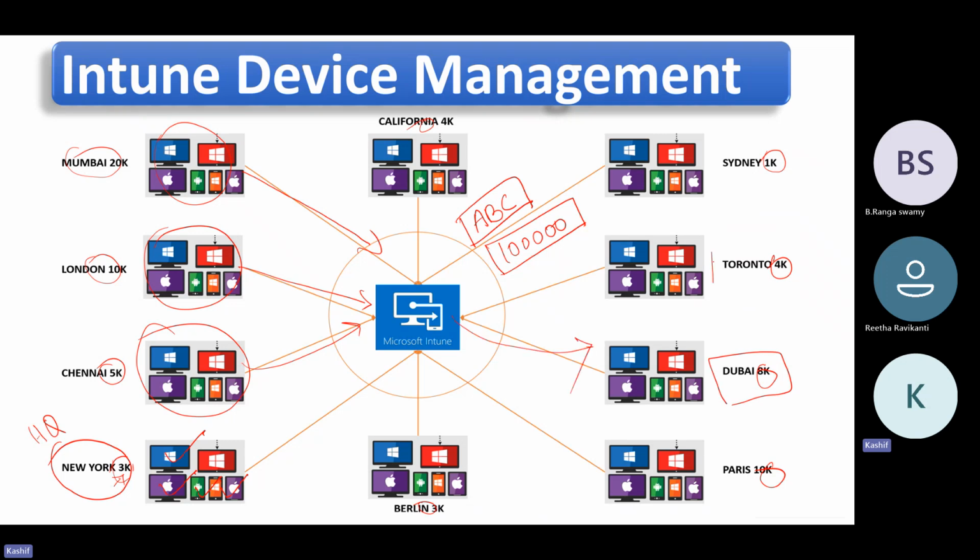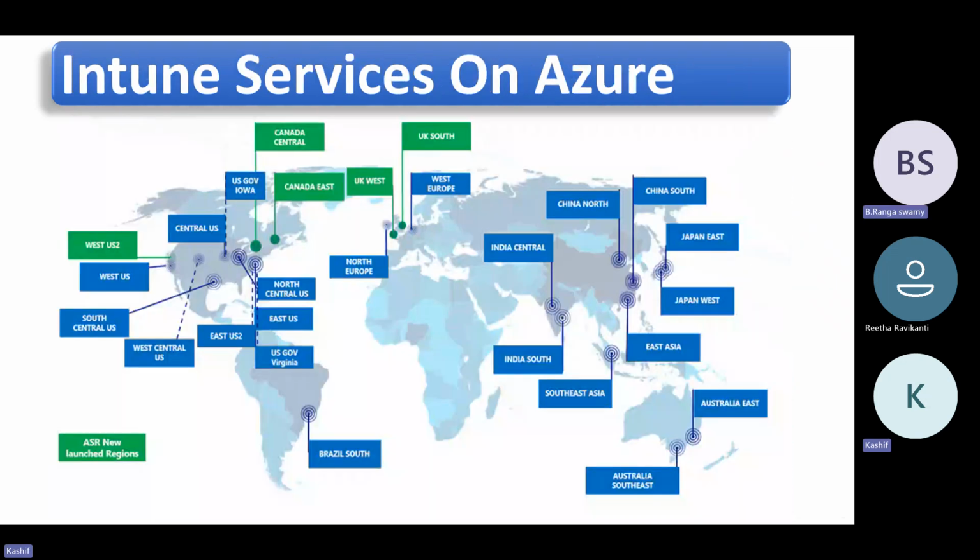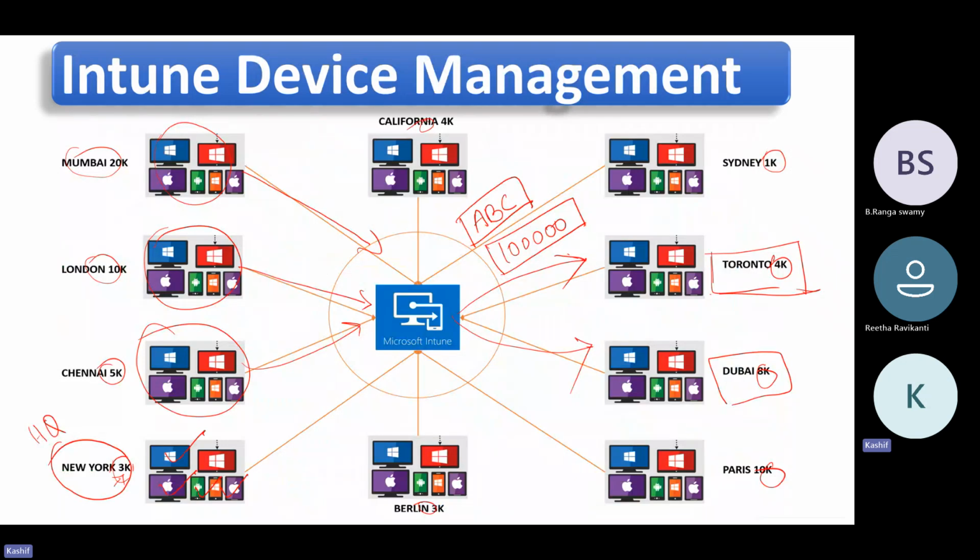I have to restart 4,000 devices in Toronto, I can restart. I can deploy updates on Berlin devices, I can deploy policies on California devices, I can deploy configuration on New York devices. So you can control the devices.